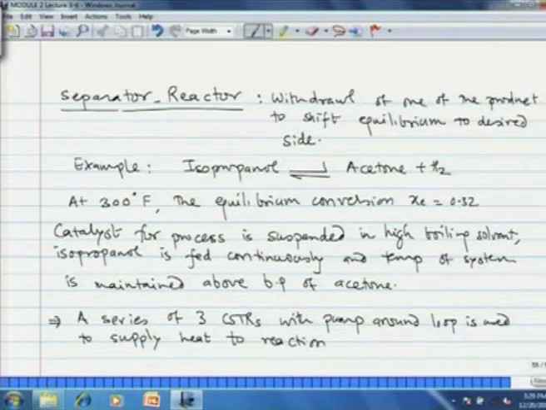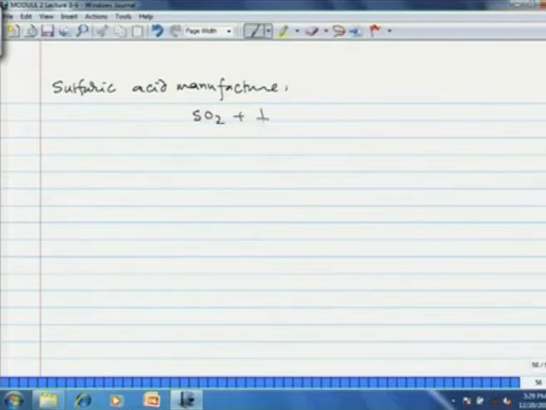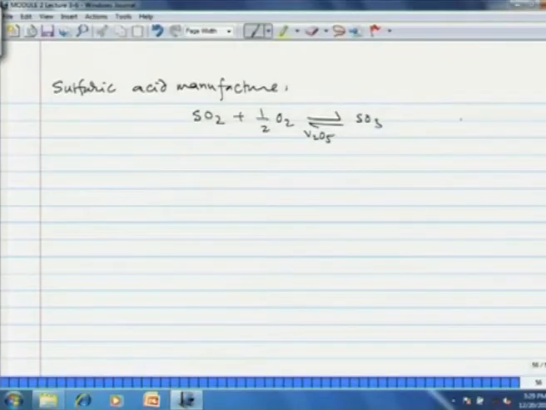Another example that can be given is that of sulfuric acid manufacture. In this process, sulfur dioxide is oxidized to sulfur trioxide over a catalyst, vanadium pentoxide, and the process is highly exothermic.